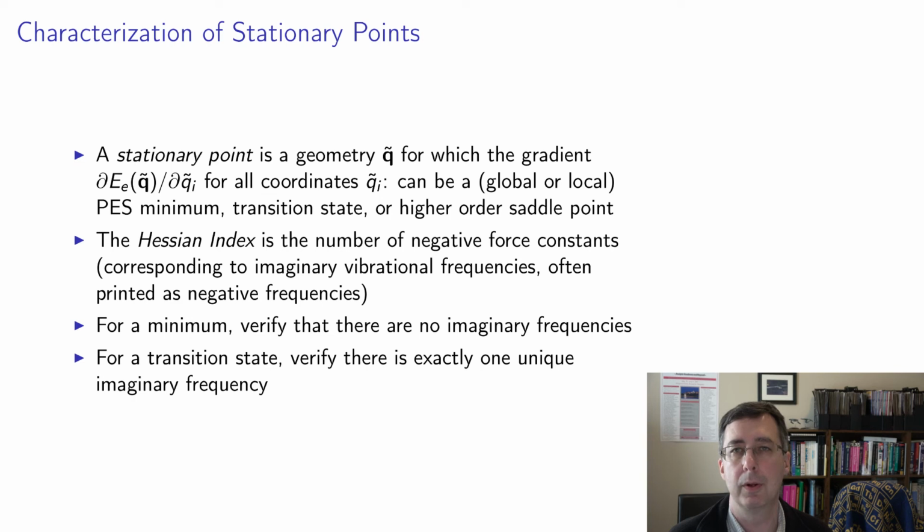Those correspond to negative force constant eigenvalues. And that tells me what kind of stationary point I'm at. So if I have 0 negative eigenvalues or 0 imaginary frequencies, then I'm at a minimum, and the Hessian index would be 0. If I have exactly 1 negative eigenvalue, the Hessian index is 1, and I'm at a transition state. And if I have more than 1 negative eigenvalue, then I'm at some higher order saddle point, which is normally not chemically meaningful.